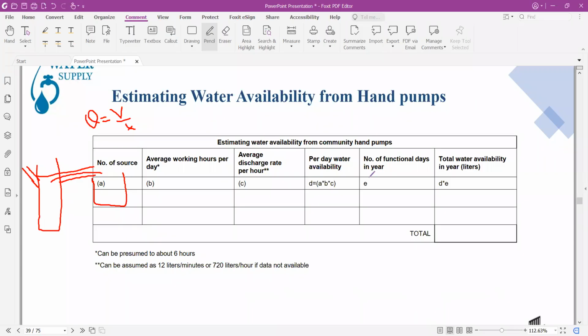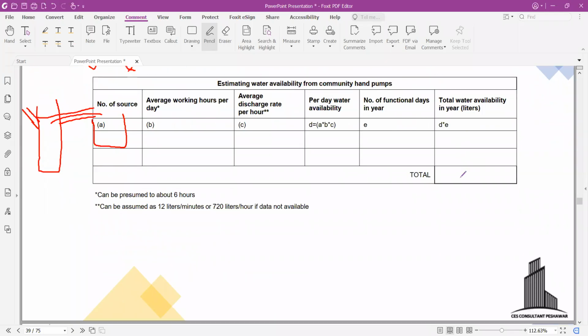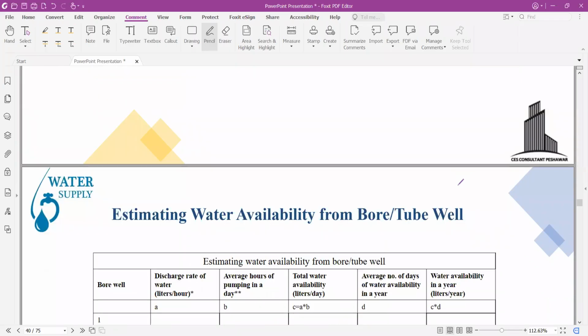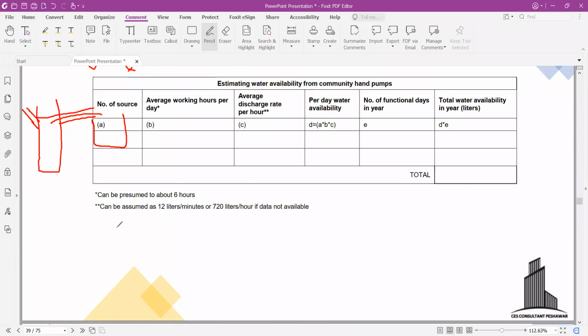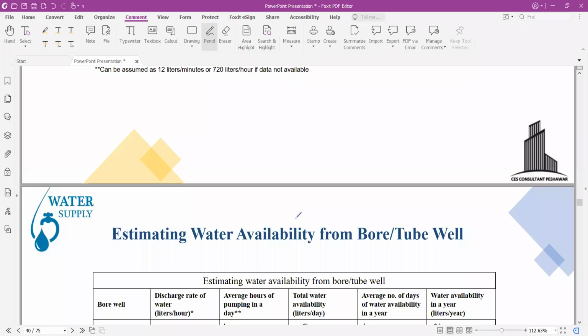For example, if the water goes down in summer, it may not be functional in summer, so that number of days may be subtracted from the 365 days. Based on these days, multiplied with the per day availability, we can calculate the total water availability throughout the year. And the discharge rate, if not available, you can assume 12 liters per minute or 720 liters per hour.